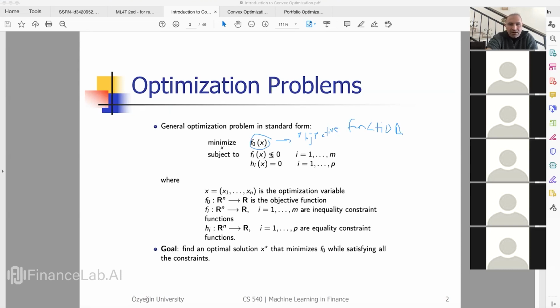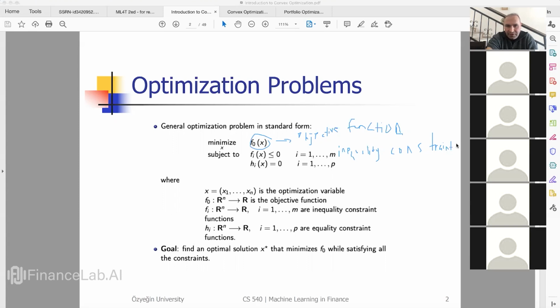And there are a certain number of constraints in this problem. The first constraint is fi(x) for i from 1 to m, so we have m inequality constraints.